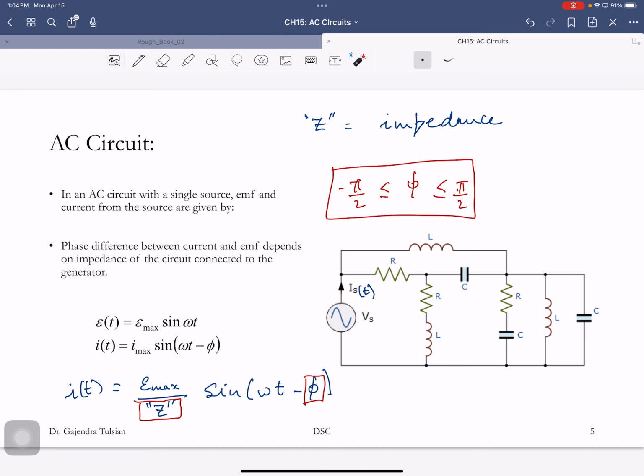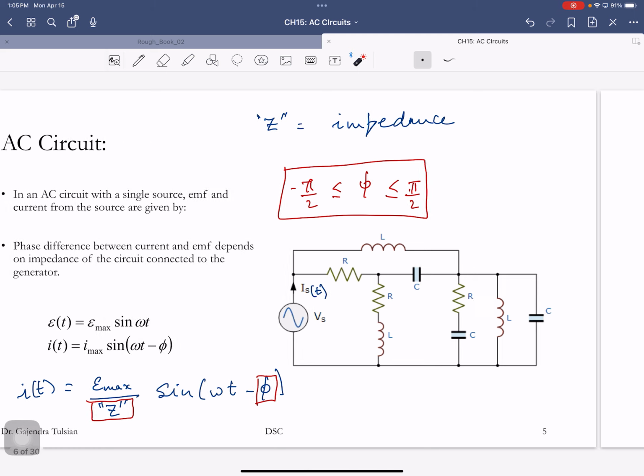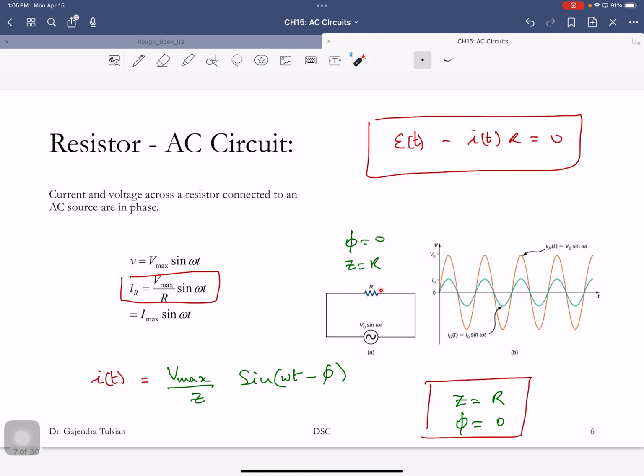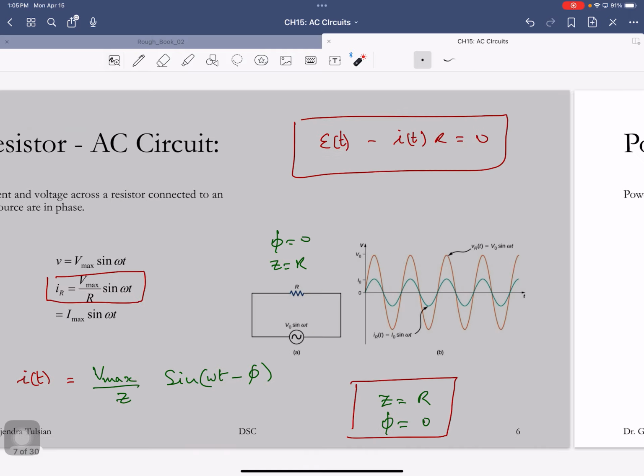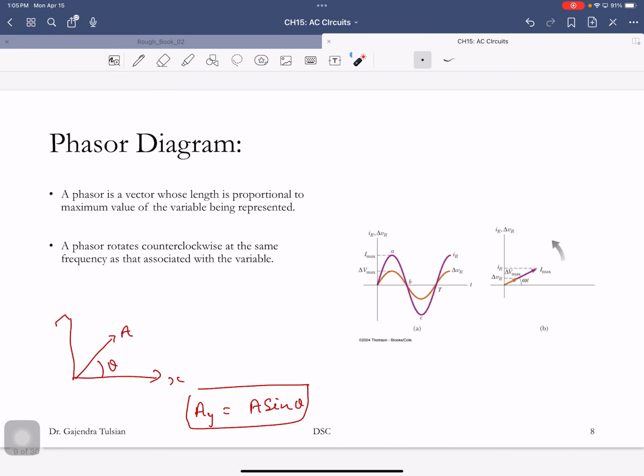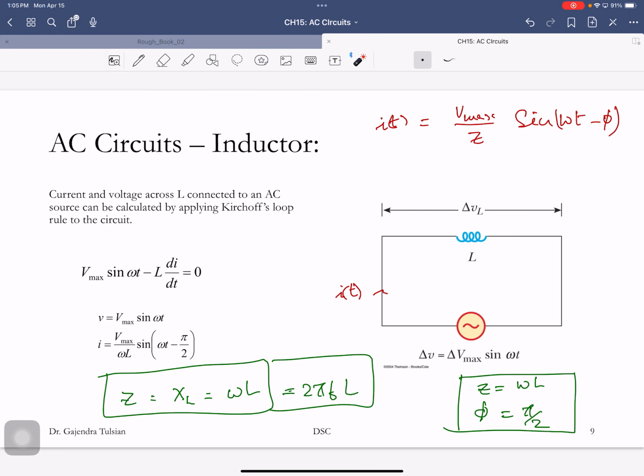I(t) will be E max, the amplitude of the voltage, divided by Z sine(omega t minus phi). So these are the two quantities we wanted to find for our load. For a simple resistor, Z is equal to R and phi is 0. For an inductor, Z is omega L, phi is pi by 2.